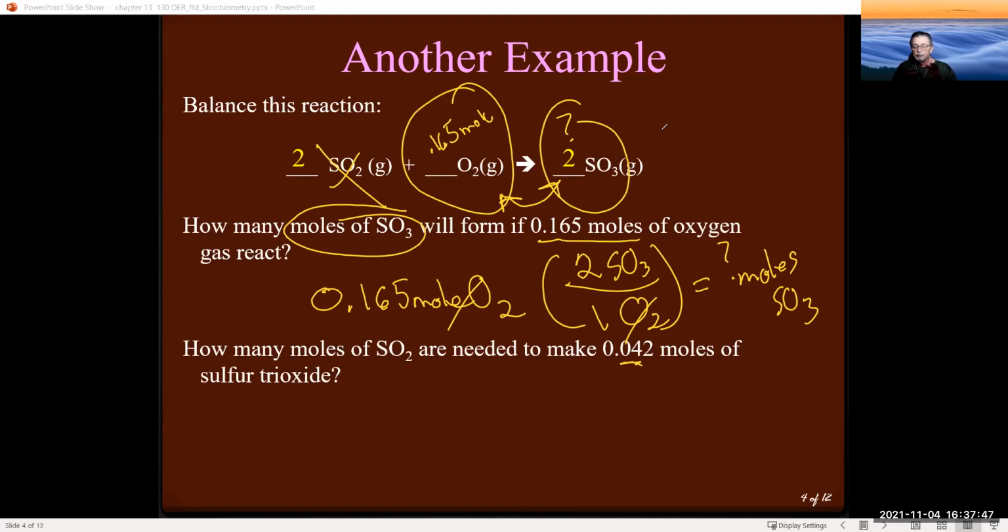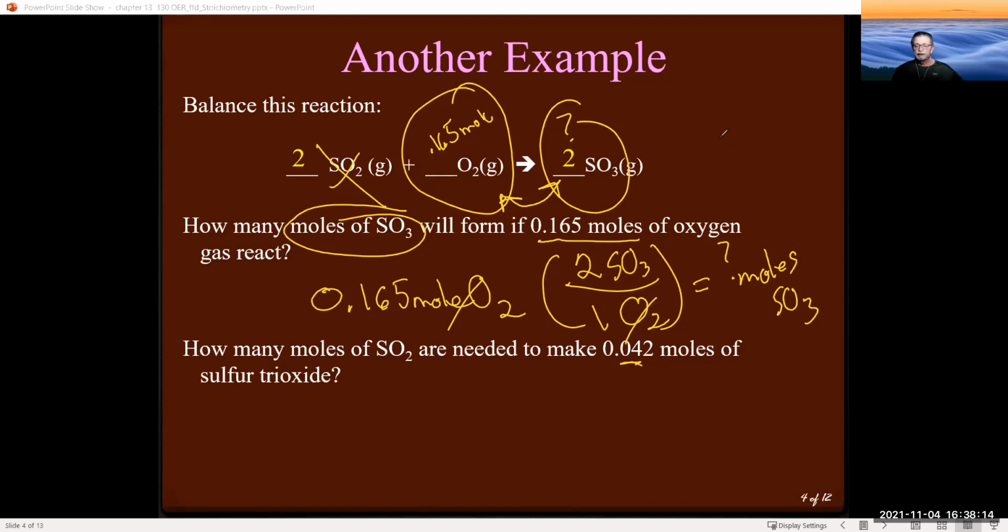In other words, to get from moles of oxygen to moles of something else, we need that conversion factor, that ratio from the balanced chemical equation. It's going to get us from moles of one reactant or product to moles of another reactant or product. The common factor is moles.